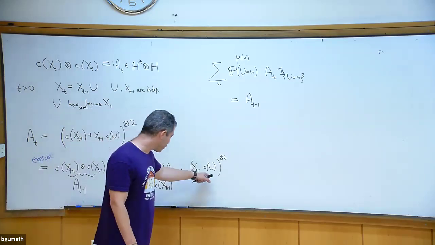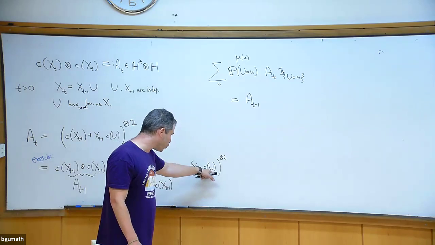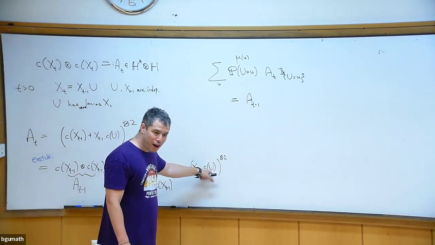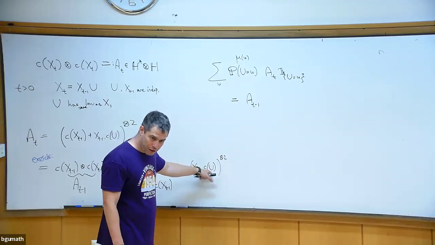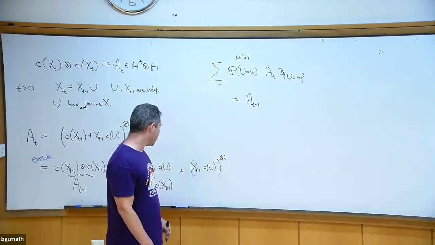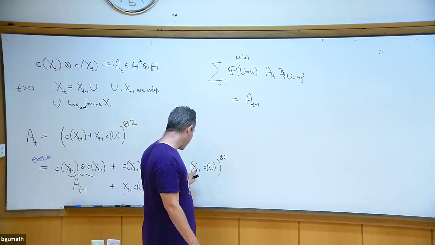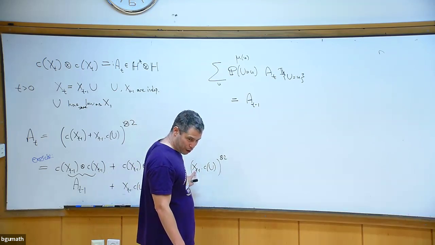And what is this? When I take the average over U, this is just the average of A_1. Sorry, I need the X_t. You have to be careful, okay?